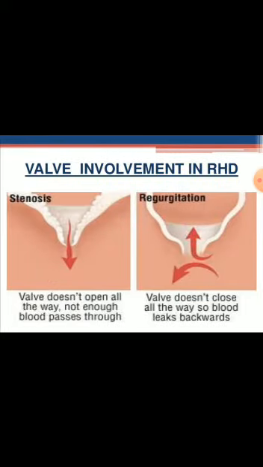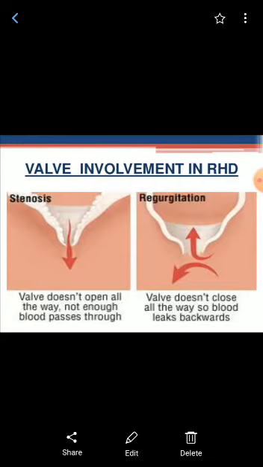You can see here the valve involvement. In the first picture you can see the stenosis, and in the second you see the regurgitation. Stenosis is basically the narrowing of the valve; the valve does not open all the way, and not enough blood passes through because of the narrowing, due to the presence of fibrotic nodules.